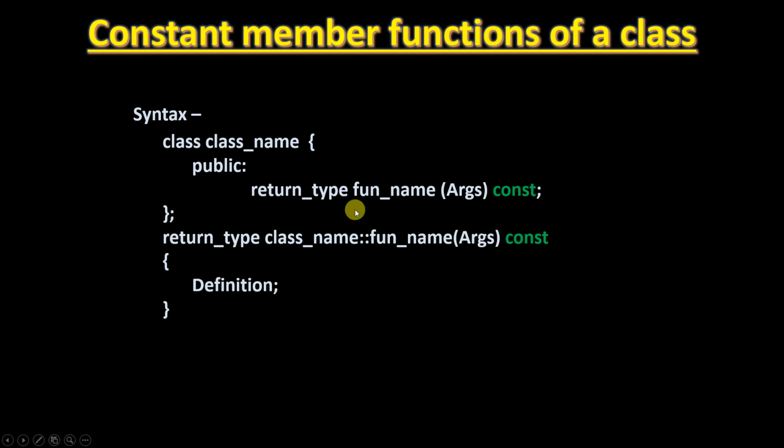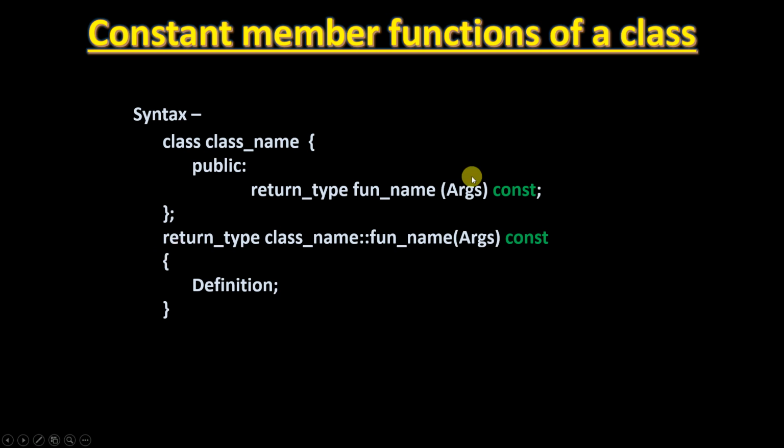When you write the declaration and definition separately, the const keyword has to be present both in the declaration as well as the definition. Don't forget this one. For static data members, the static keyword is on the declaration side but not on the definition side.